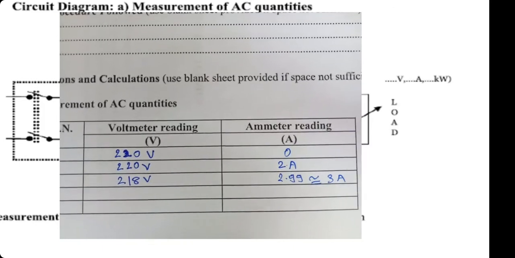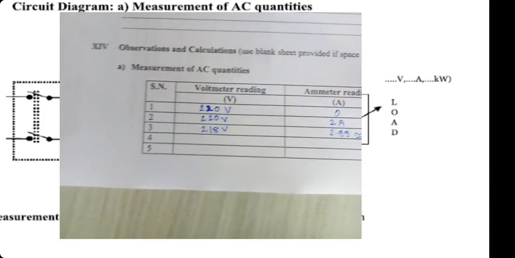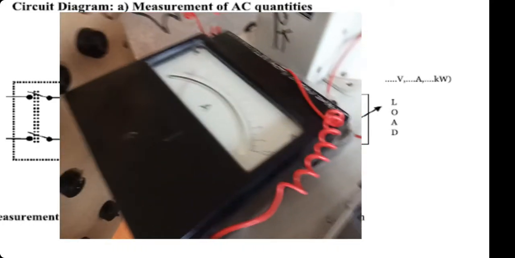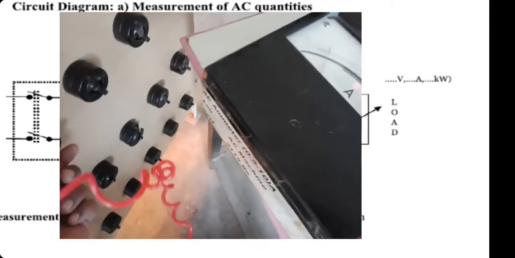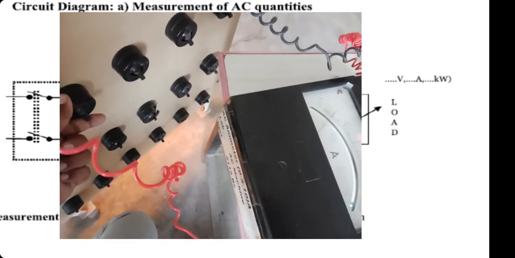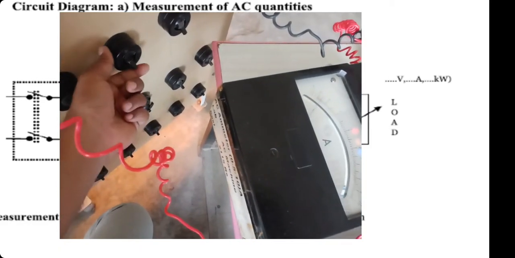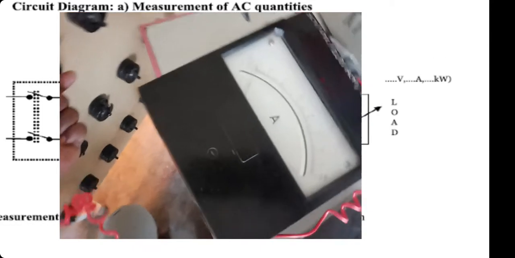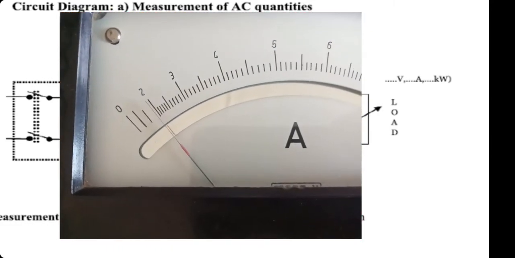Here is the reading. Now gradually decrease the load. By decreasing the load, the current gets reduced. We can observe the ammeter reading decreases.